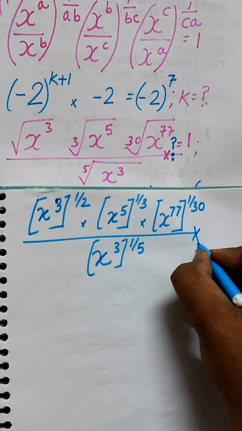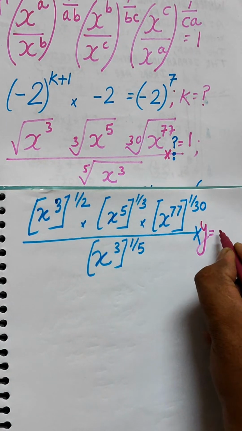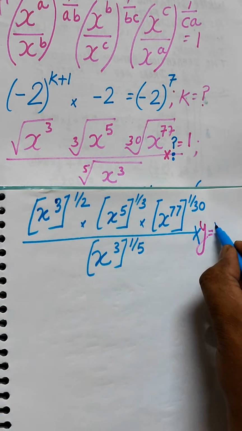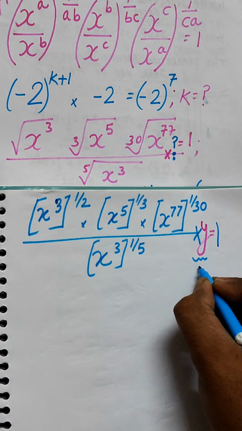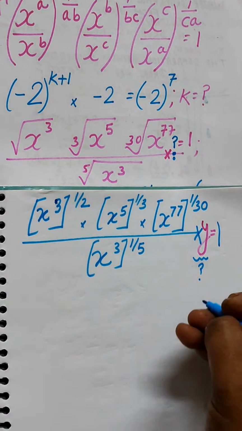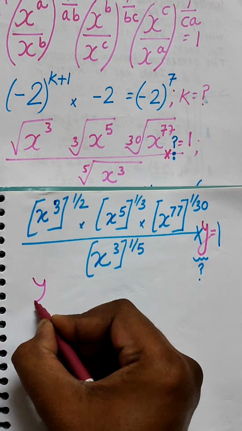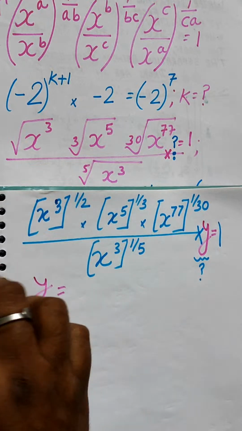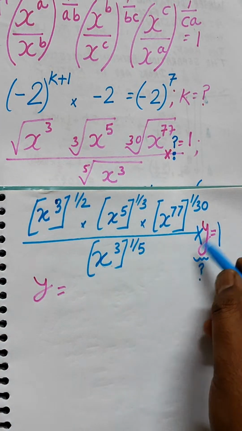Let this be multiplied with y to get our answer as 1. We need to find the value of y. So from here y can be written as, just bring this number into the RHS.